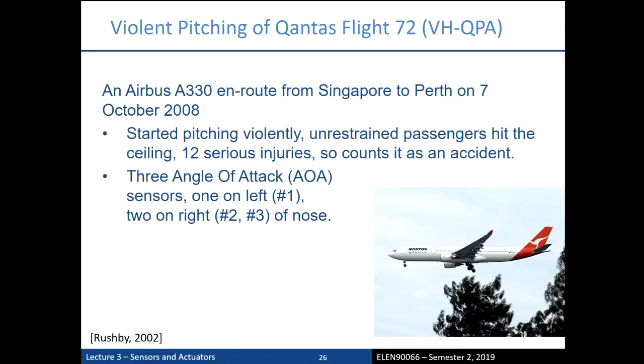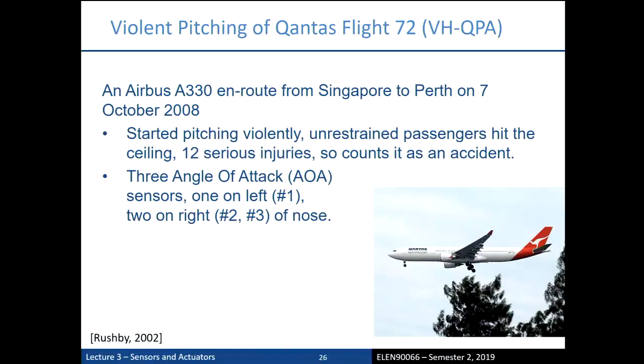Okay, so it's got 3 AOA sensors, and they're so important it actually has 3 of them because if one of those goes down, you're in big trouble, right? The aircraft could stall, and you don't want to stall a jetliner. And because you've got 3, you normally pick an odd number of sensors so you can have a voting decision, and there's always an odd one out, if you like. And we've got a nose, so there has to be 2 on one side and 1 on the other.